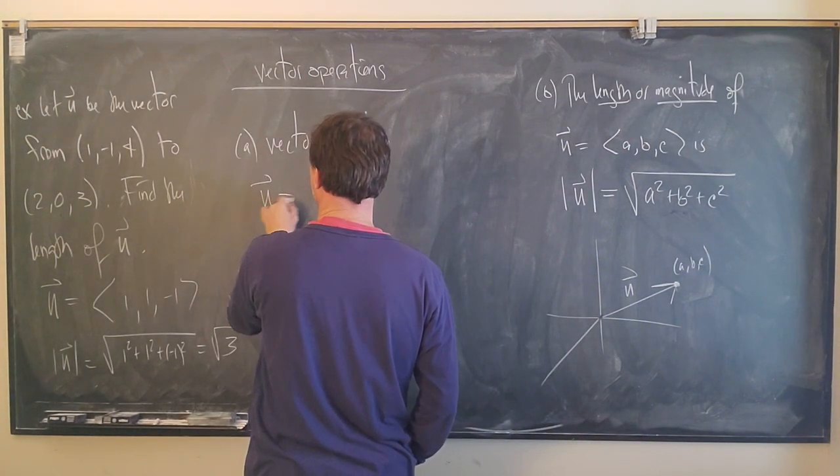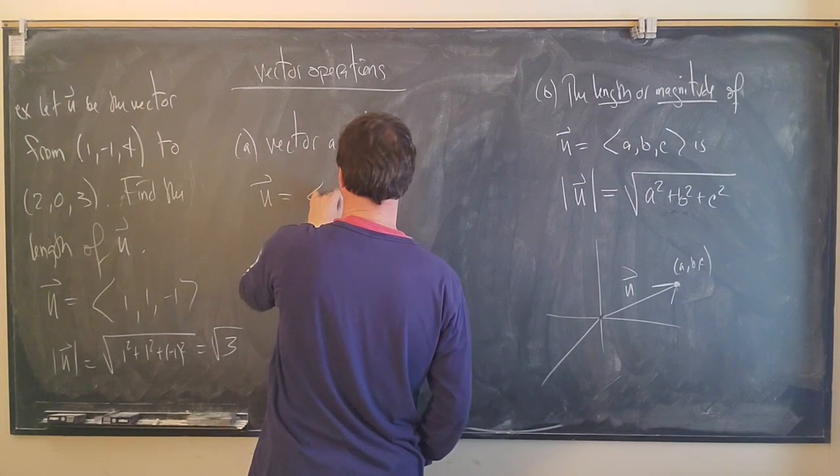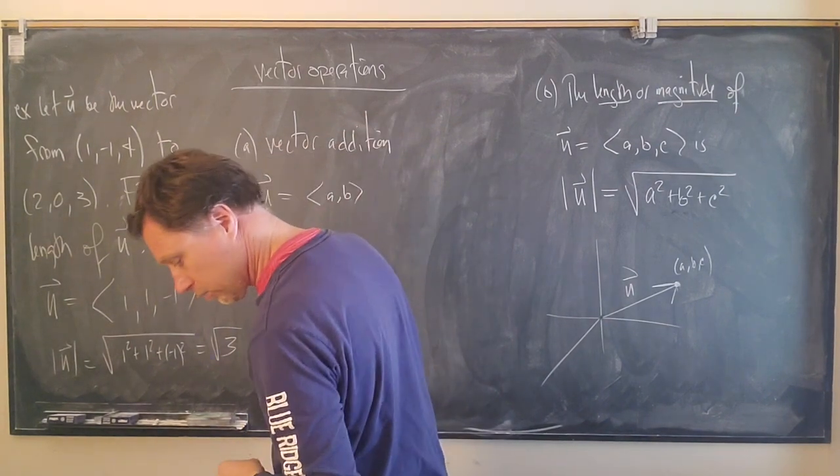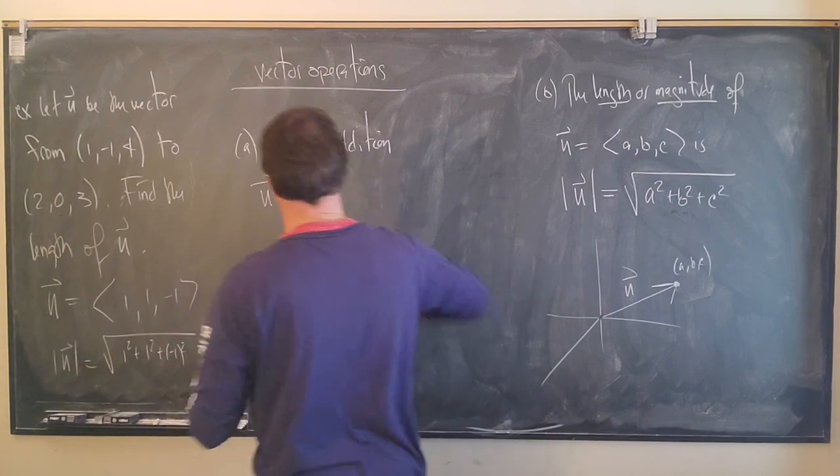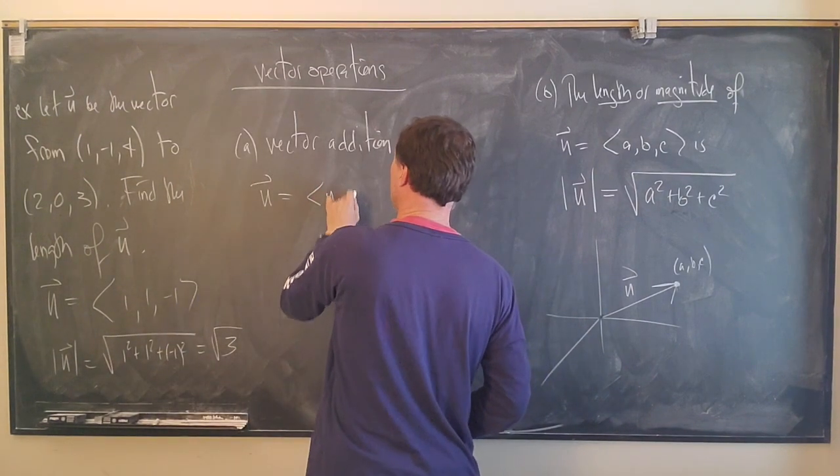Let's say we've got u equal to the vector u1, u2. So u is the vector u1 comma u2.